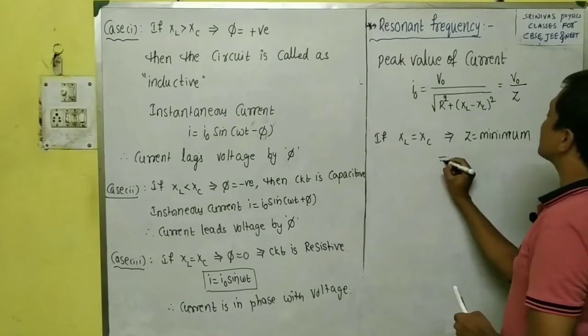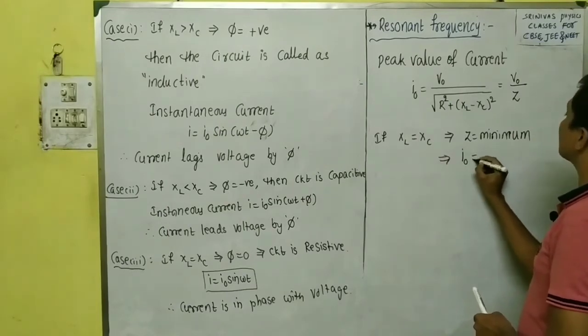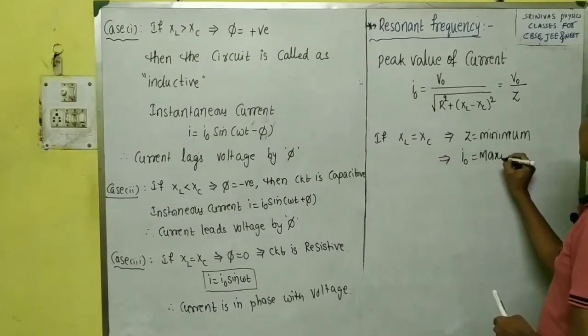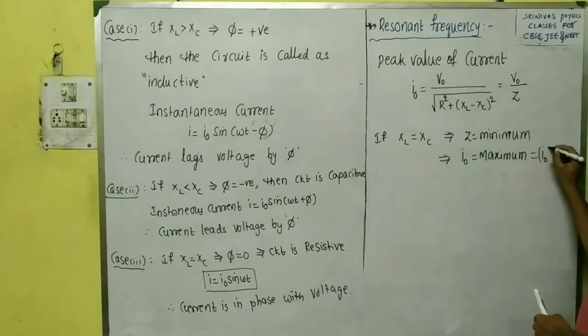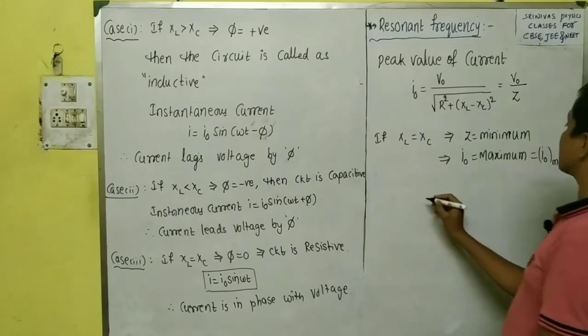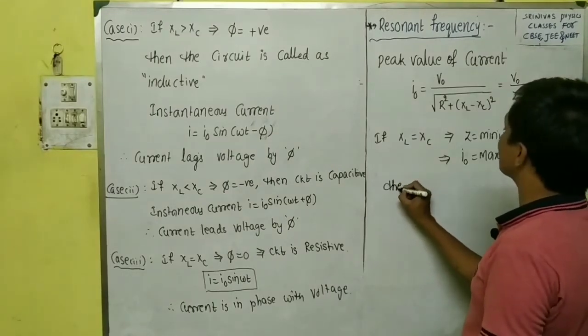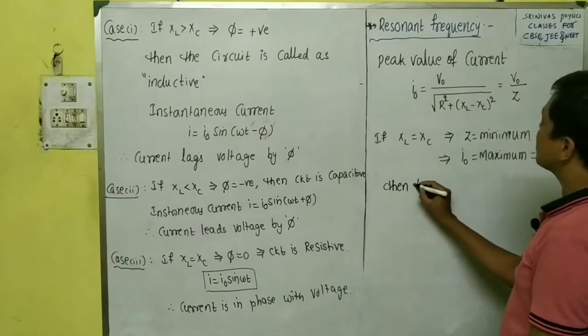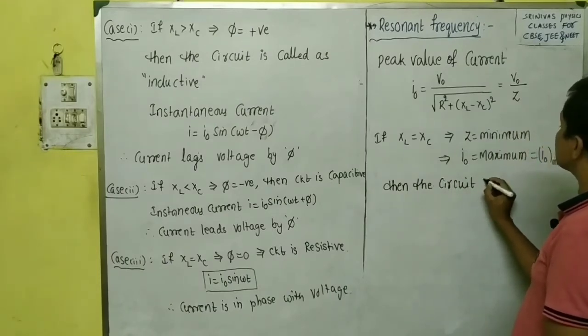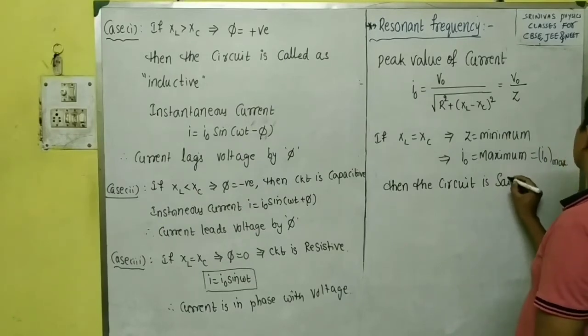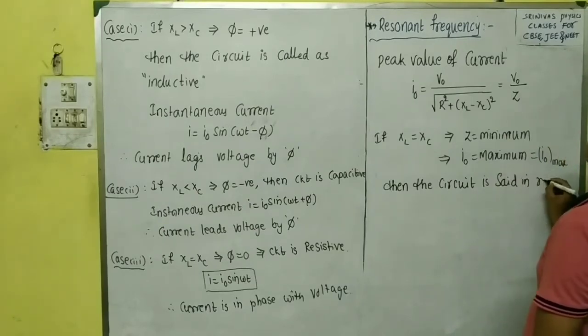And when impedance becomes minimum, the current becomes maximum. We can take this as I naught max. Then the circuit is said to be in resonance.